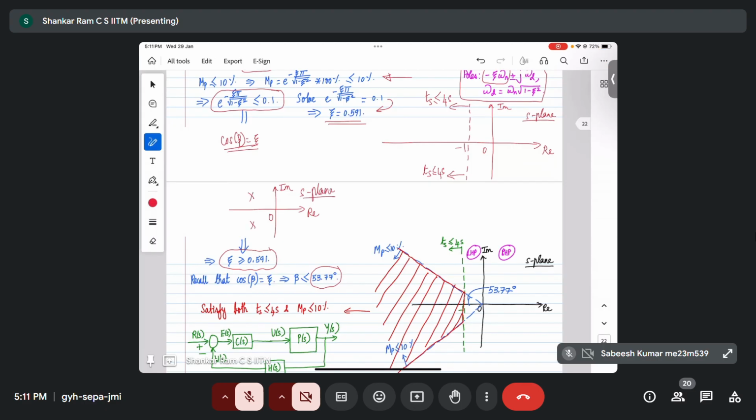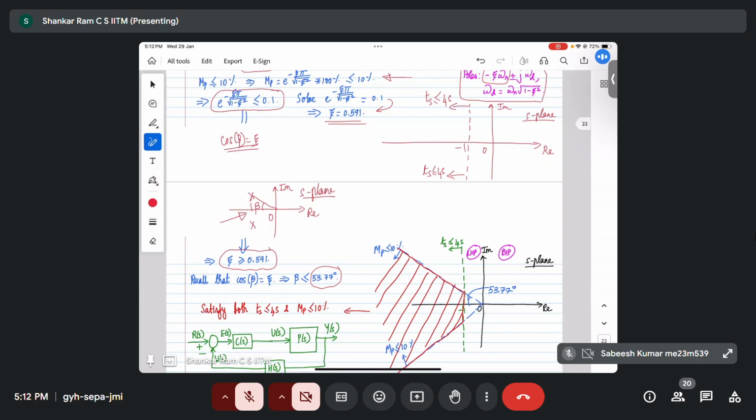Basically the perpendicular and hypotenuse. Base is minus zeta omega n, and the perpendicular distance is omega d. Yeah, so the angle between those two. So graphically, beta is the angle made by the line segment drawn from the origin to the pole with the negative real axis. This is what it is, right?